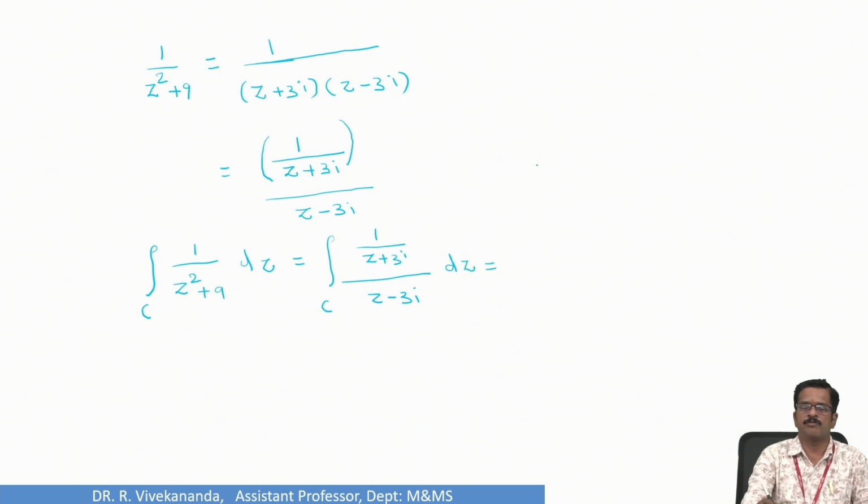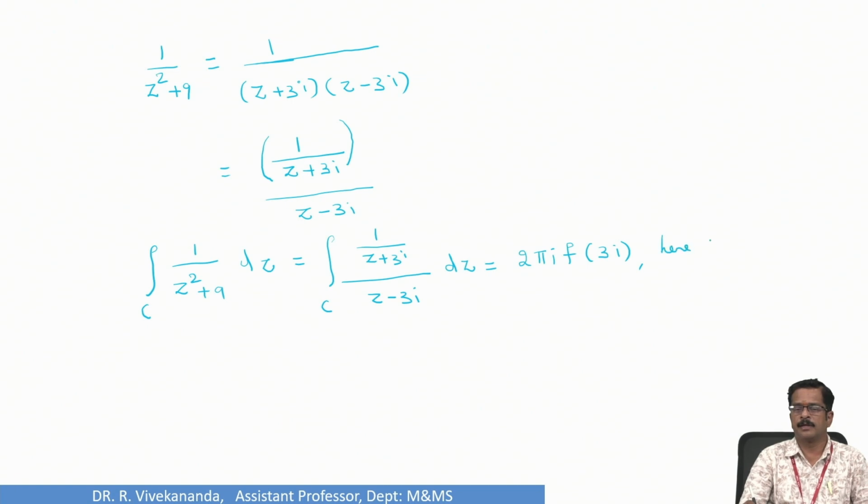By Cauchy's integral formula, we write this as 2 pi i into f of 3i, because 3i is a singular point which lies inside.